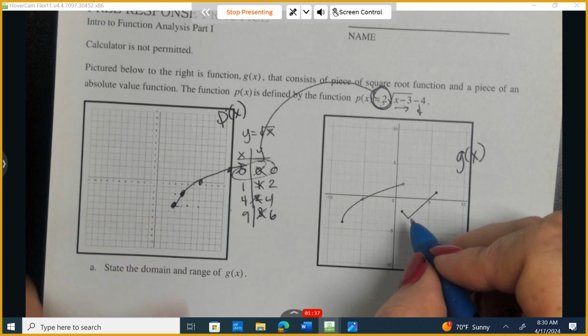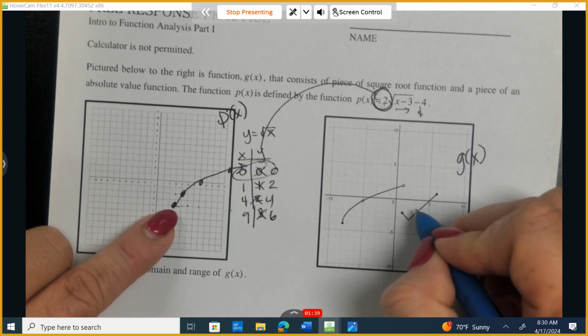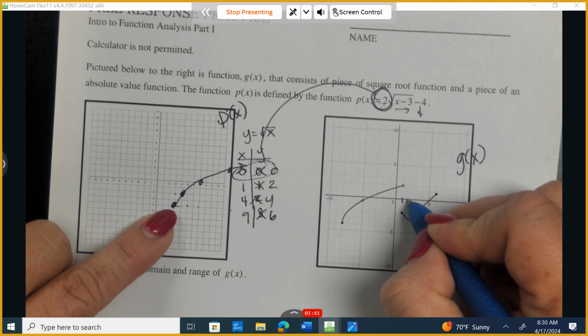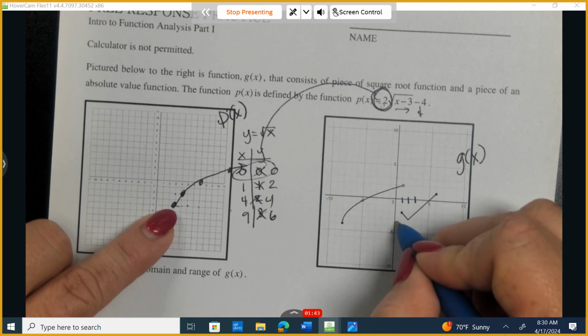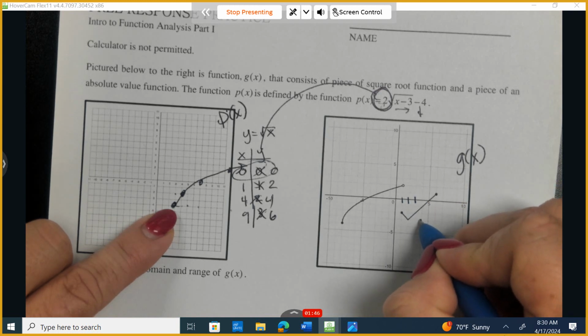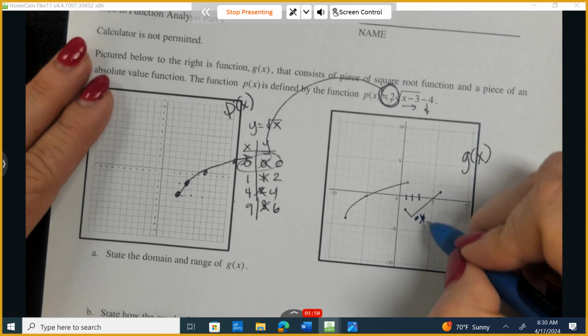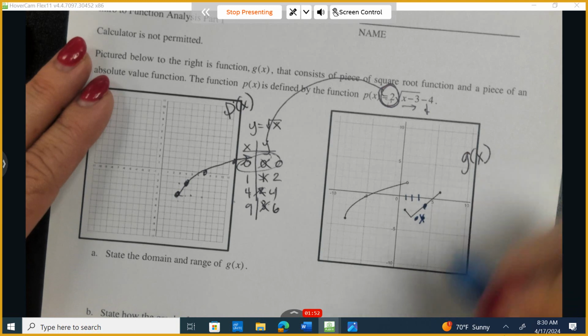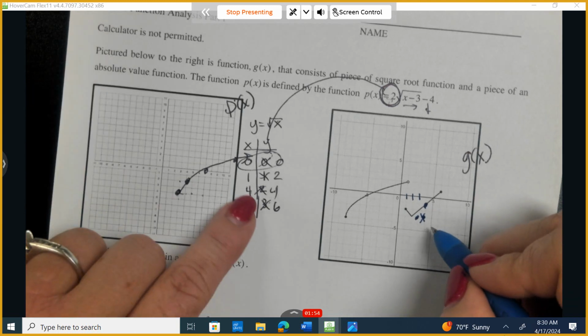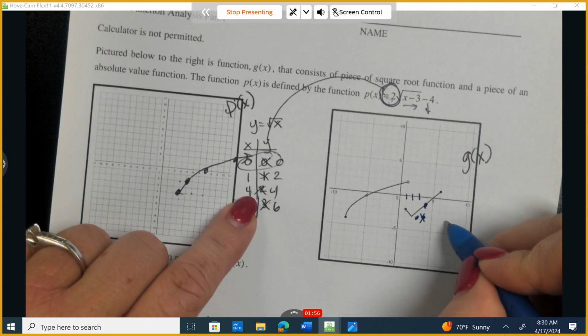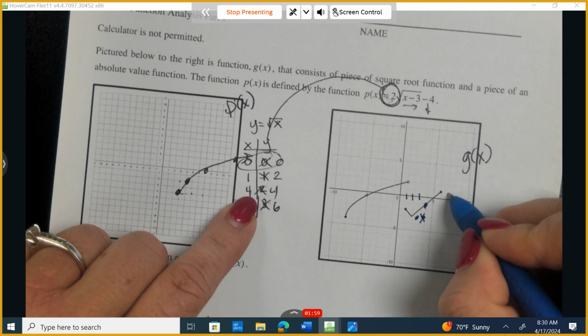I know down below I need to answer some specific questions. So I'm going to go over 3, 1, 2, 3, and down 4. Right there it is. And then up 1, up 2, there's 1 point. And then I'm going to go over 4, right here, and up 4.